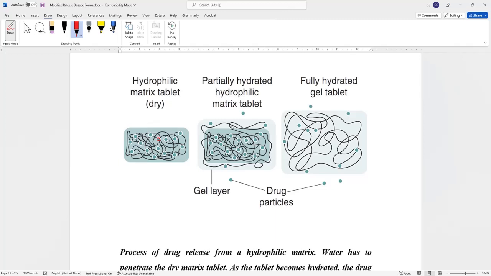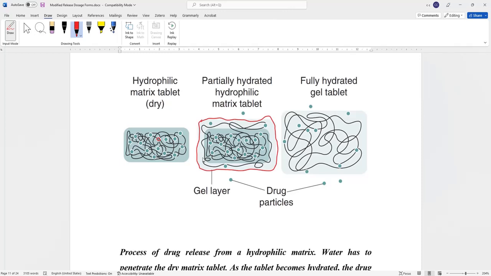So when you swallow the dosage form, what will happen? The surface will be hydrated. So you have hydration of the surface. At the same time, the particles on the surface will start to get released.